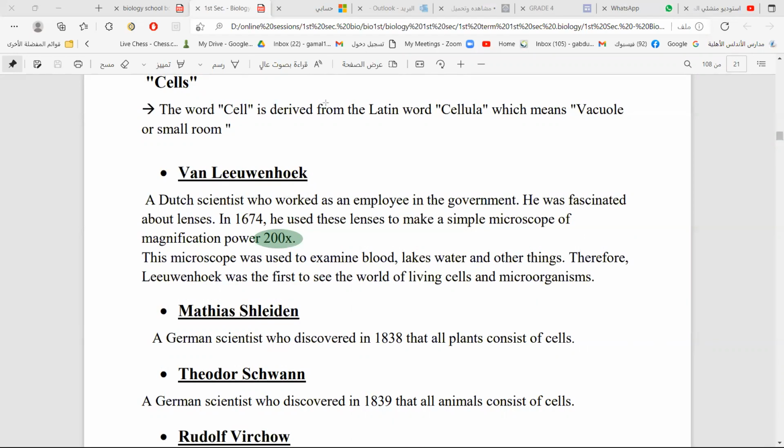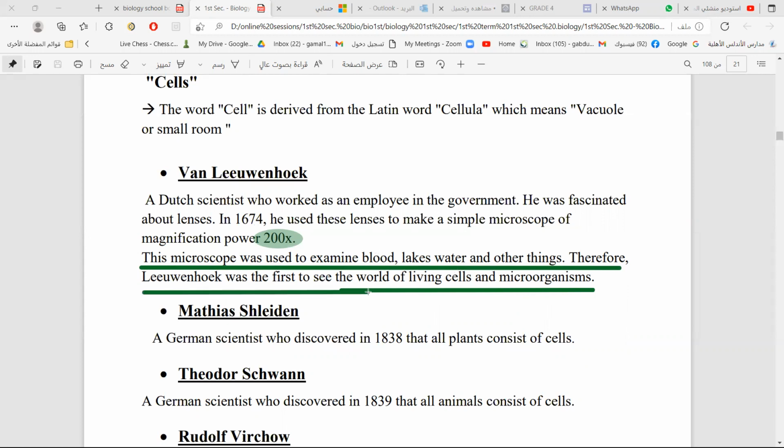Van Leeuwenhoek started examining living organisms in a drop of pond water. He is the first one in the world to see the world of microorganisms.